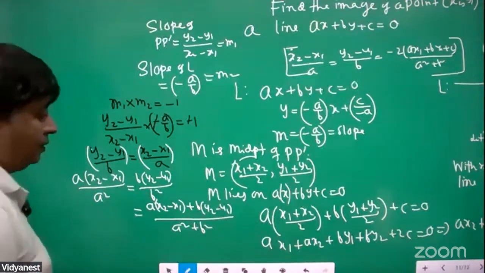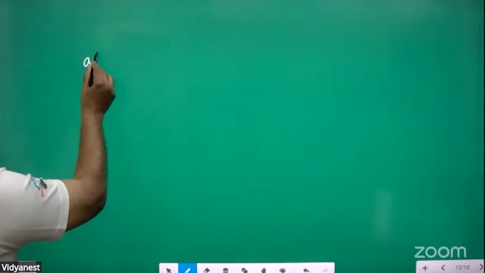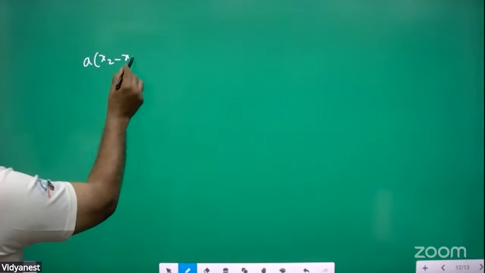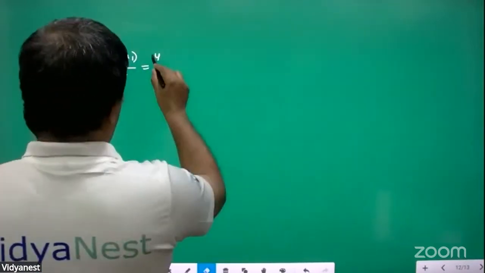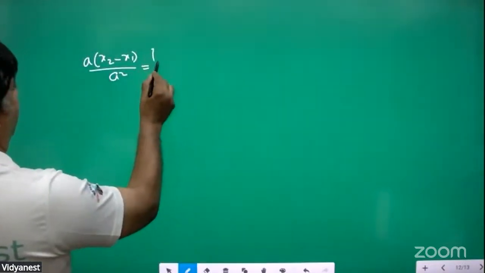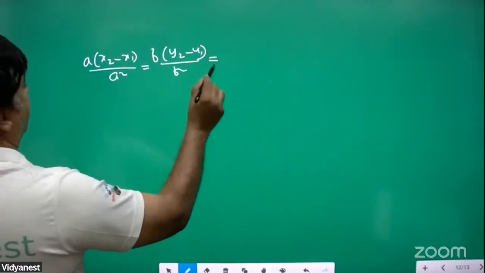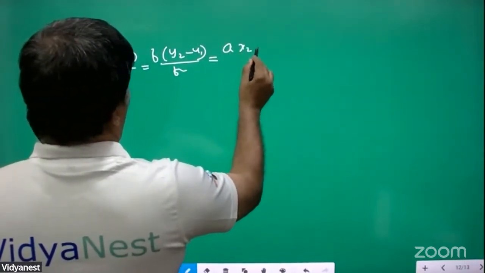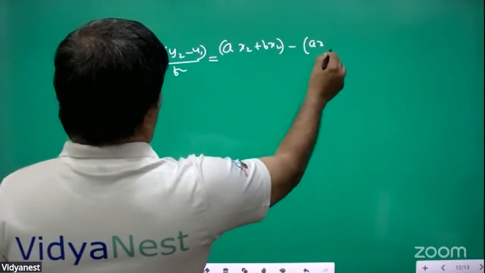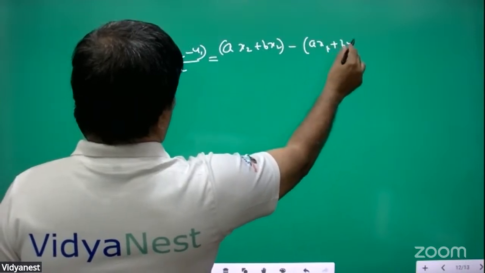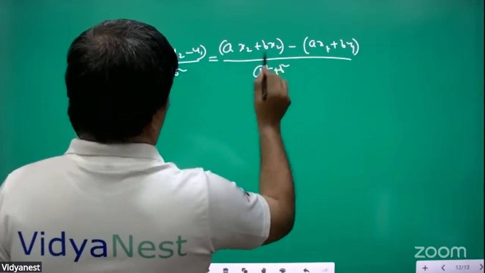Okay, so a x2 minus x1 by a square, b y2 minus y1 by b square, we have got ax2 plus by2 minus ax1 plus by1 by a square plus b square.